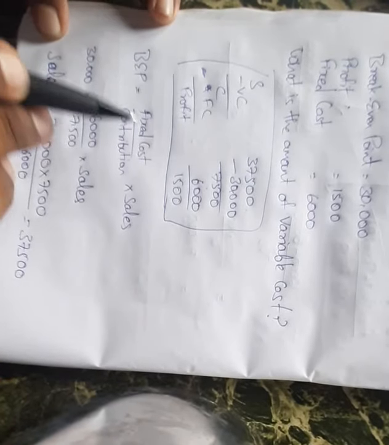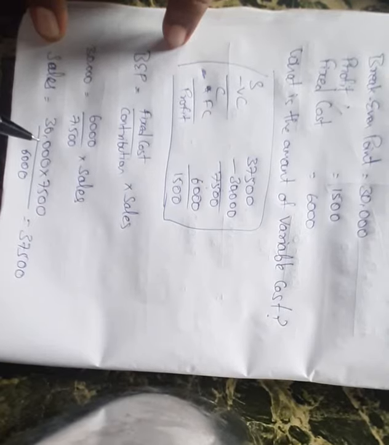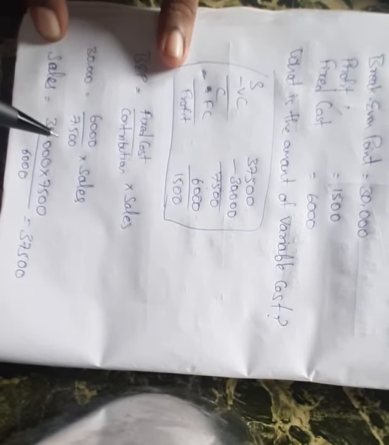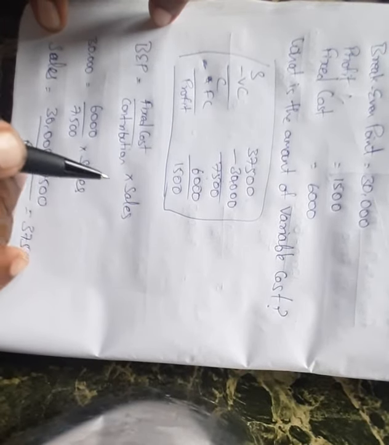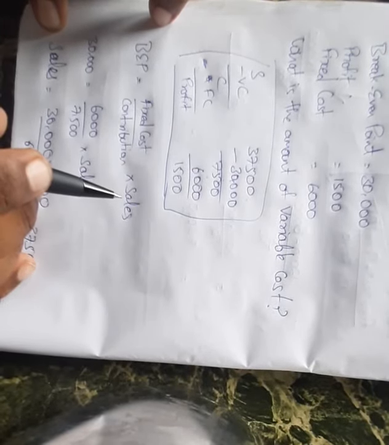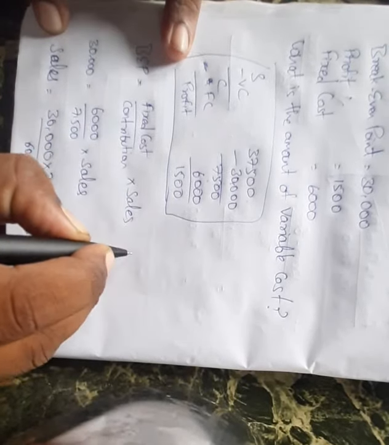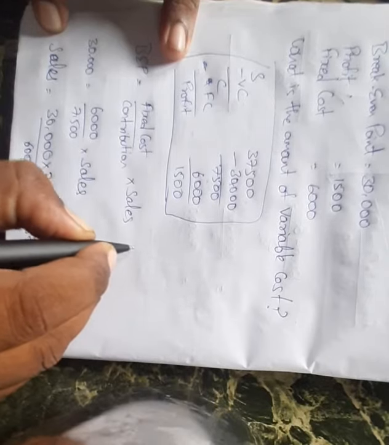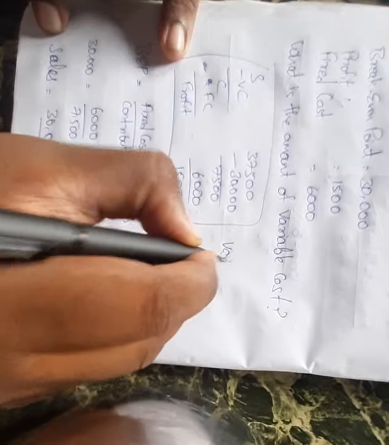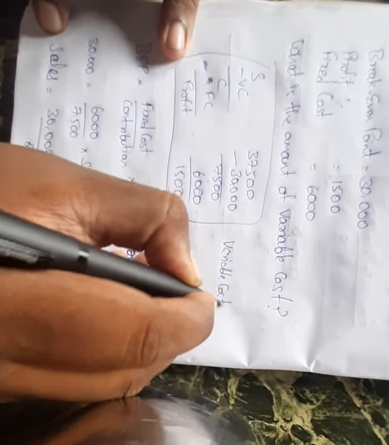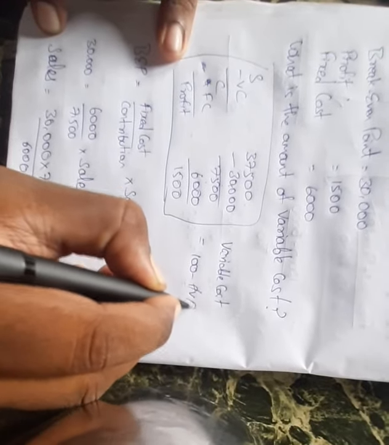Now even without going into the statement of profit, also you can calculate. By now you have calculated sales 37,500. What is the formula for variable cost? Variable cost formula is equal to 100 minus PV ratio.